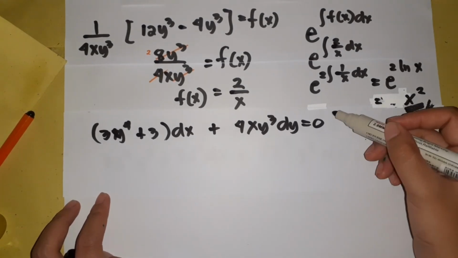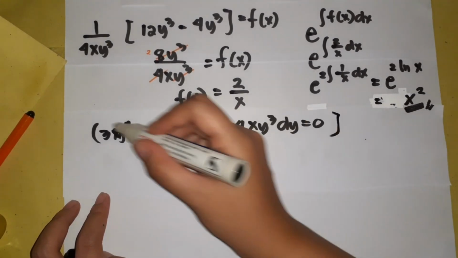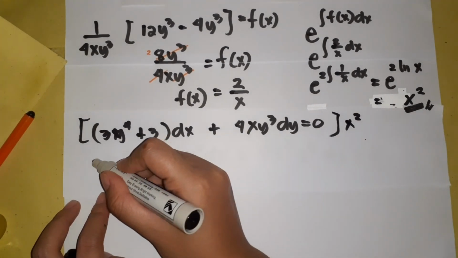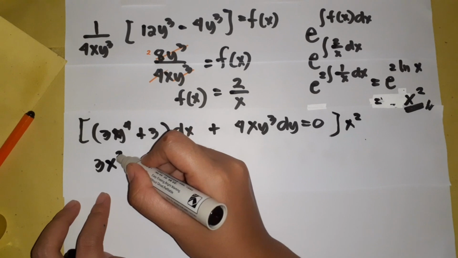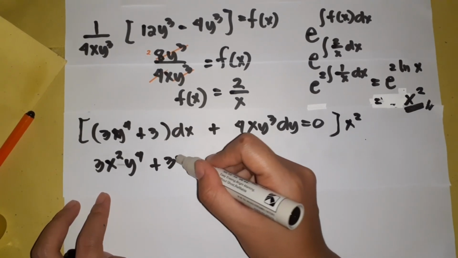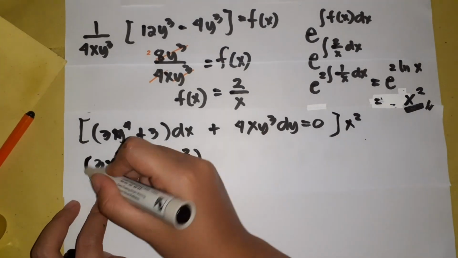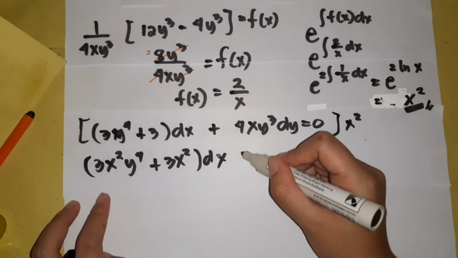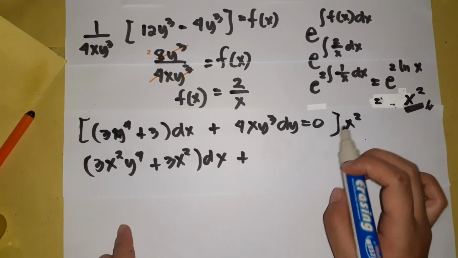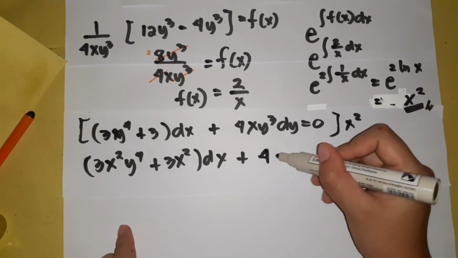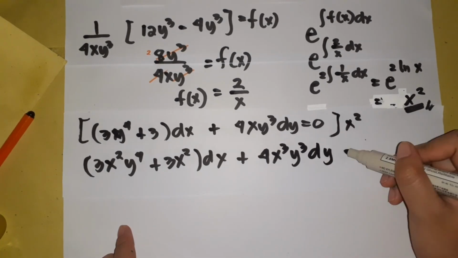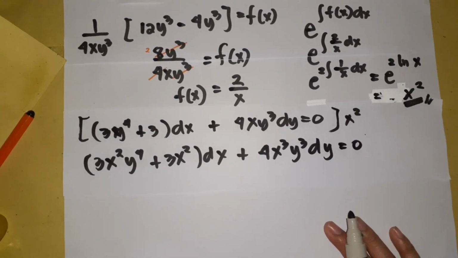And so we will multiply our integrating factor into each term. This will be (3x^2 y^4 + 3x^2) dx plus 4xy^3 times x^2, which will be 4x^3 y^3 dy, is equal to 0.